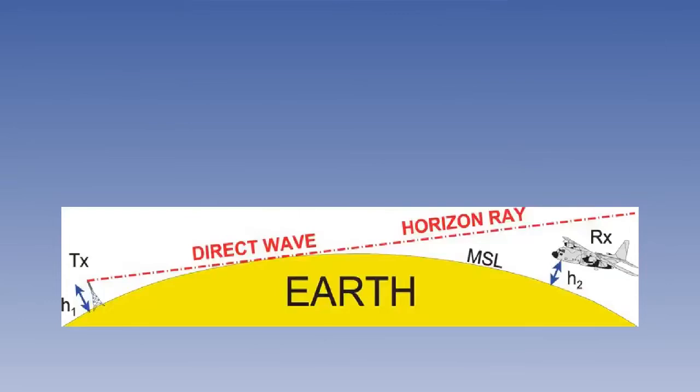So, the only propagation at these frequencies is line of sight. There is some atmospheric refraction, which causes the radio waves to bend towards the Earth, and this does increase the range slightly beyond the geometric horizon. But, as radio frequency increases, refraction reduces.